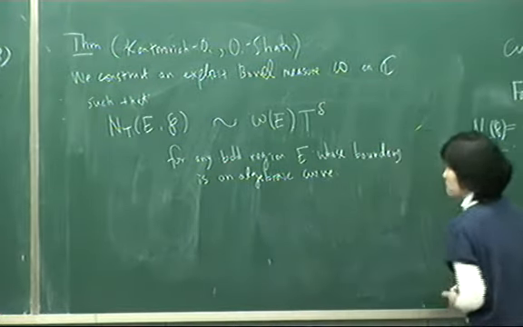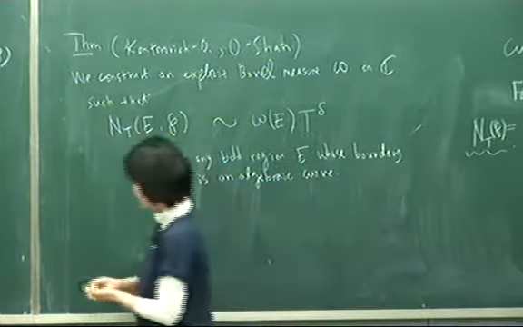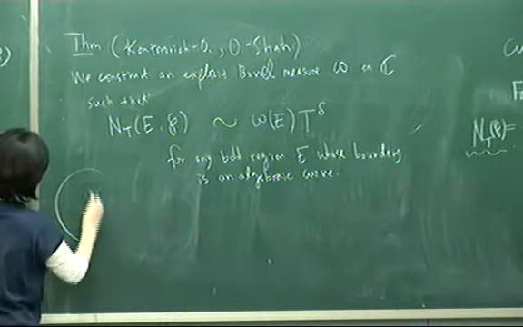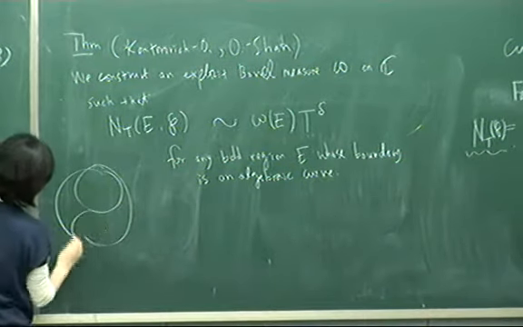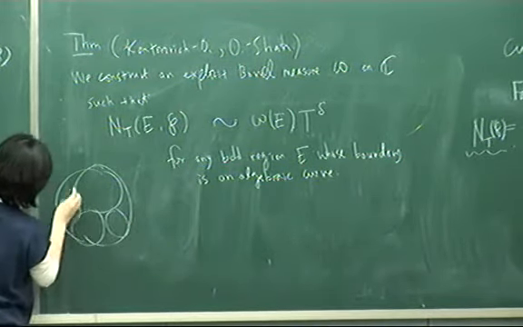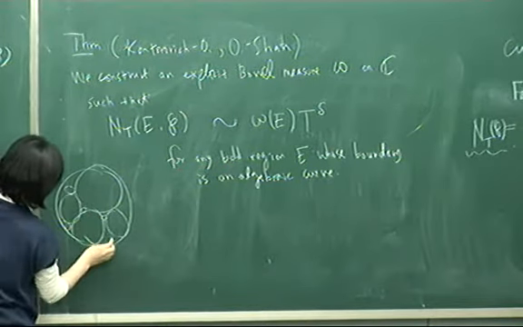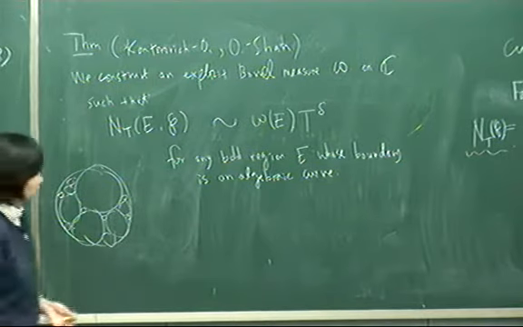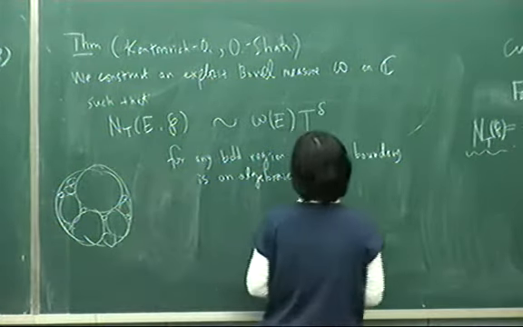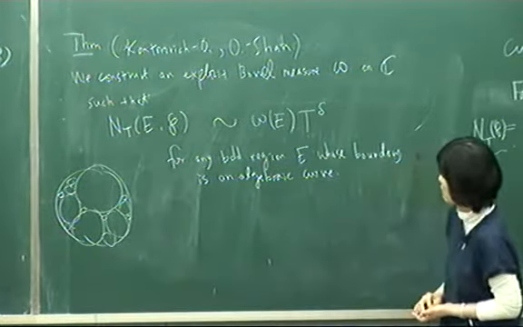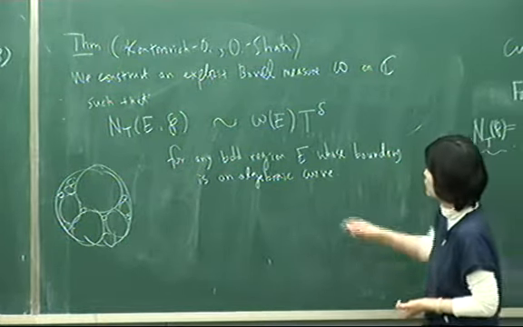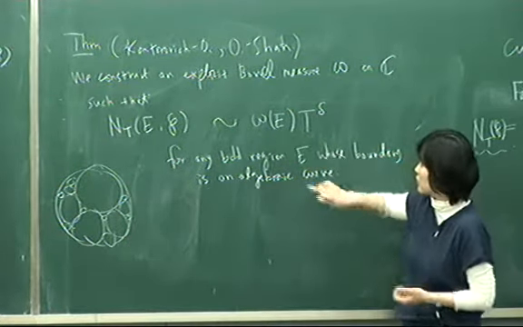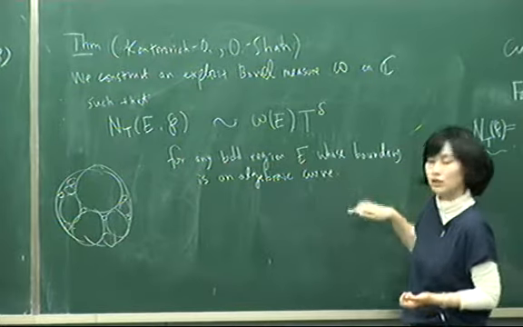Okay, so maybe I should not have erased this picture of the packing. Let's imagine again we have this picture. First of all, we prove this result for any bounded region whose boundary is an algebraic curve.